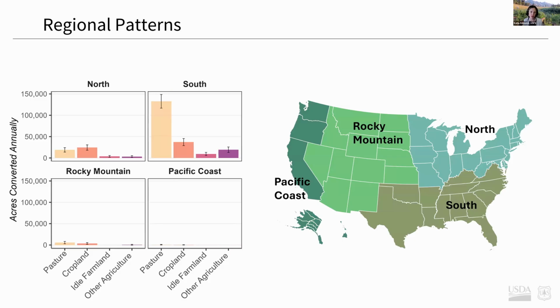The greatest area of past ag-driven deforestation is in the South. And in fact, we can see that the prevalence of conversion to pasture that was noted at the national level is driven entirely by the South. If you look at the North region, the rate of conversion to pasture and cropland is much more similar.